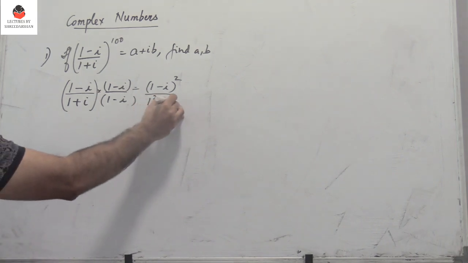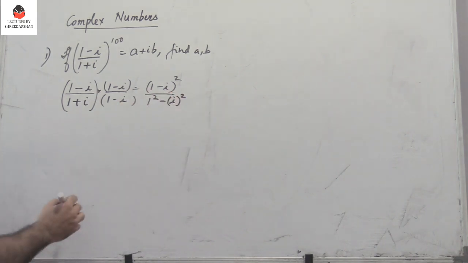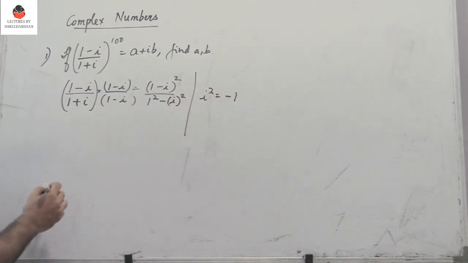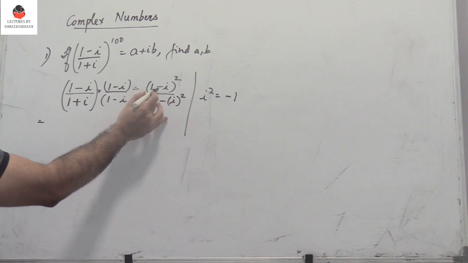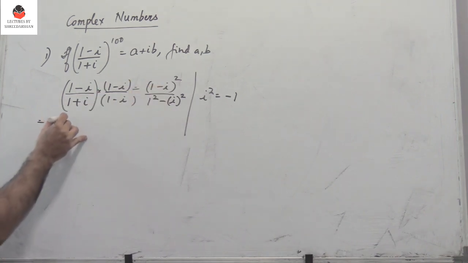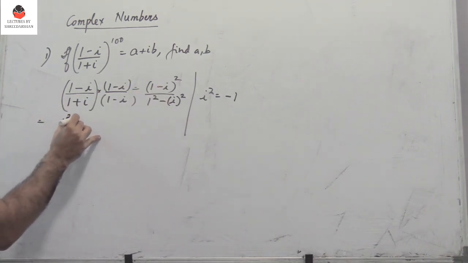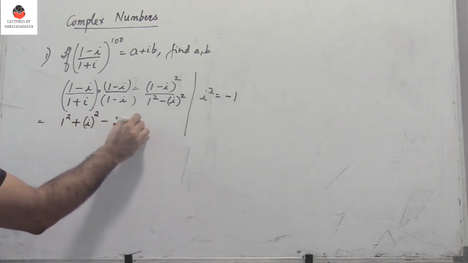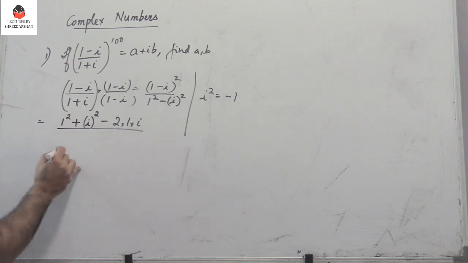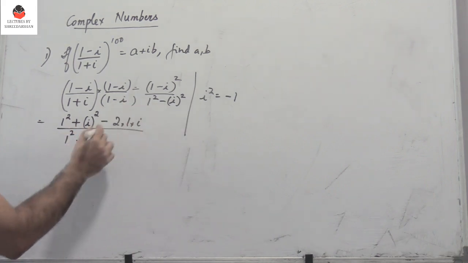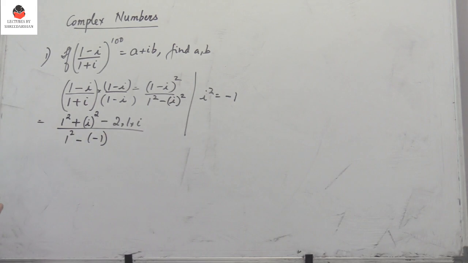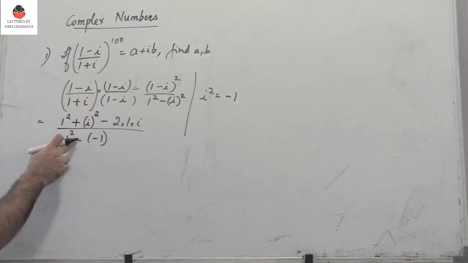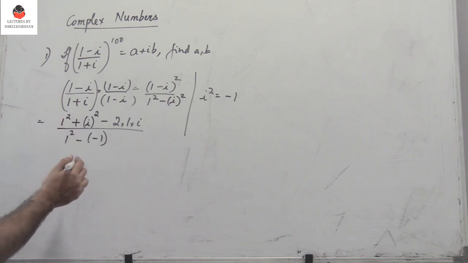Now we know that i square equals minus 1, and in the numerator I apply the (a minus b) whole square formula: a square plus b square minus 2ab, divided by 1 square minus i square, where i square is minus 1. Do not forget to put brackets, because i square is minus 1 and minus into minus will be plus.